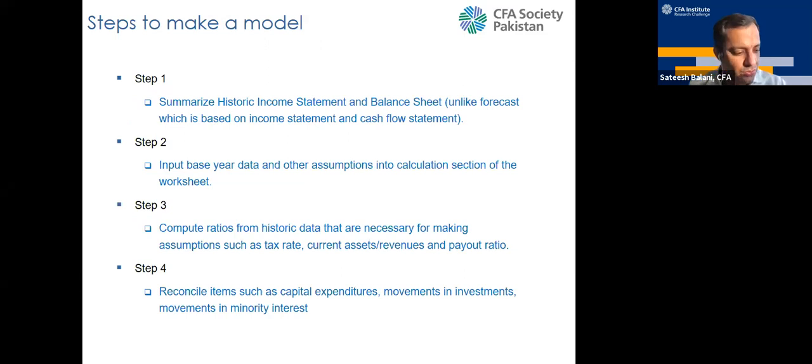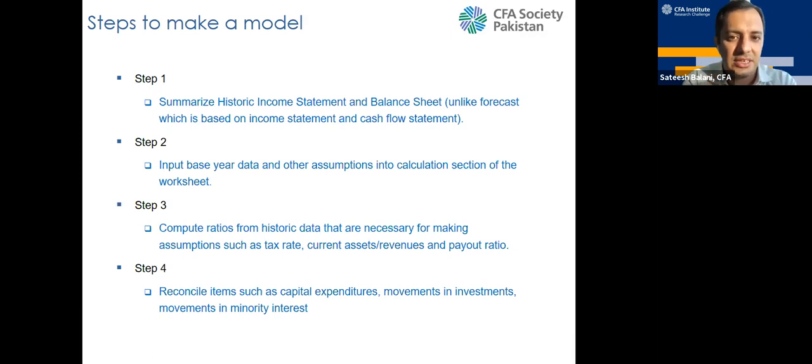So now we are here to discuss the key steps to make a financial model. You need to first see the historic income statement and balance sheet, because that will be the basis on how you forecast how the company is going to behave in the future, what sort of macro environment helps the company, and what sort of macro environment is not good for the company.